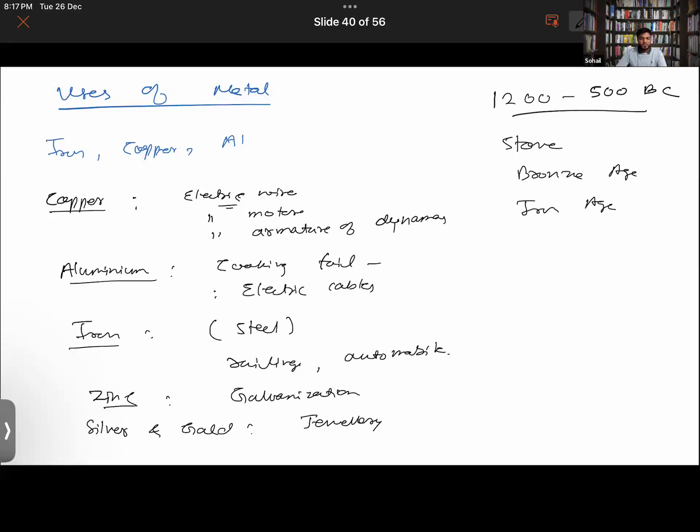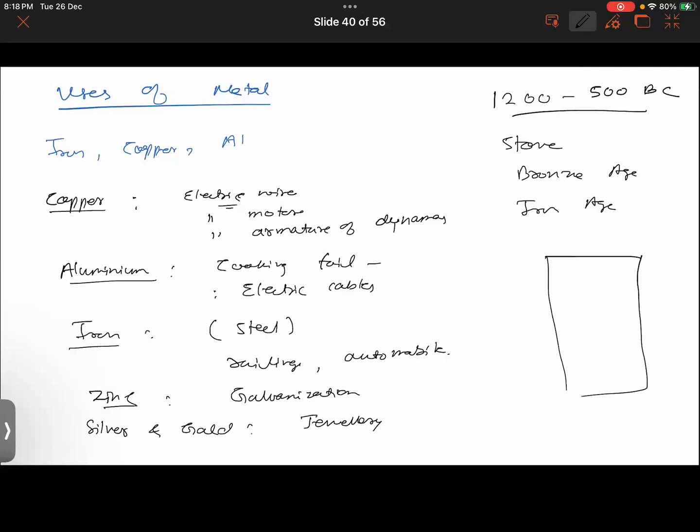Exactly. Whenever there's a thunderstorm, if the height of the building is high with respect to the surroundings, it's likely that lightning might strike the building. So we place a rod over there; it's better to make use of copper here, right?